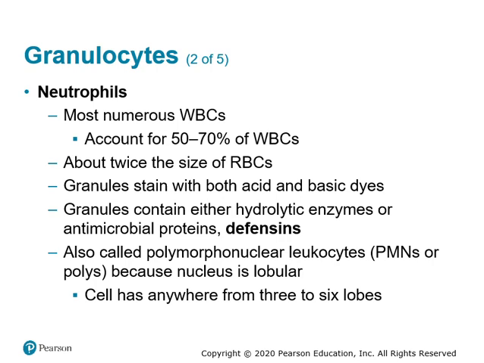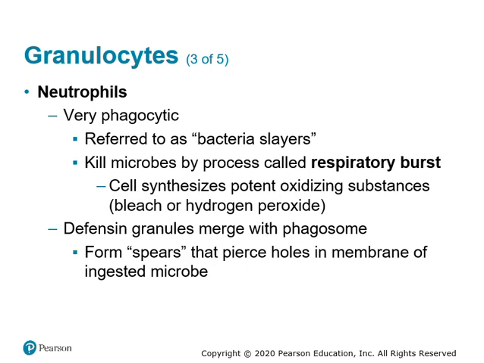They're great bacteria slayers. So as phagocytic bacteria slayers, they kill microbes by a process called a respiratory burst. That's because a lot of the antimicrobial proteins they contain have oxygen or oxidizing substances within them, acting kind of like bleach or hydrogen peroxide poured on a bacterium.